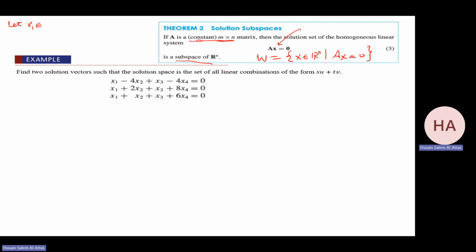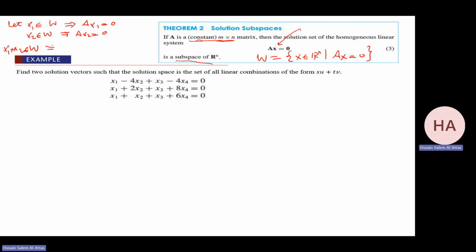Okay, x1 belongs to W means Ax1 equals 0. x2 belongs to W, that means Ax2 equals 0. Now how to check x1 plus x2 belongs to W?